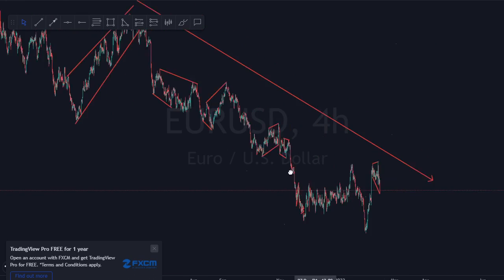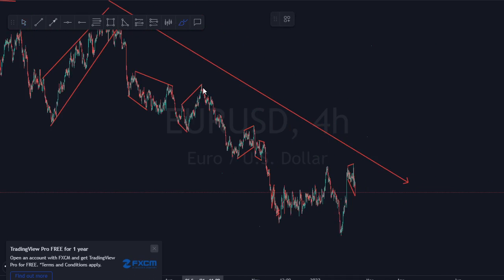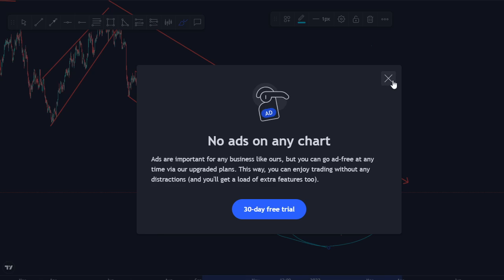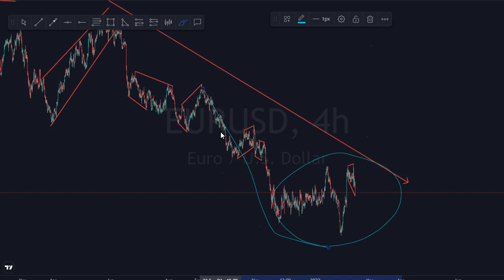So as you can see, guys, remember, impulse, and there's a continuation pattern here. If you know the nature of the market, guys, the way the market behaves, impulse, continuation pattern, and I'm looking for a sell.